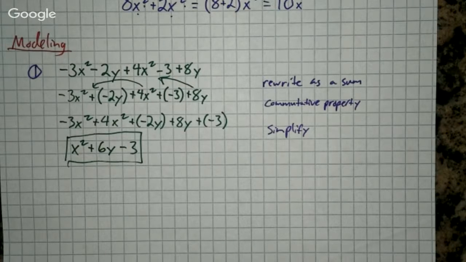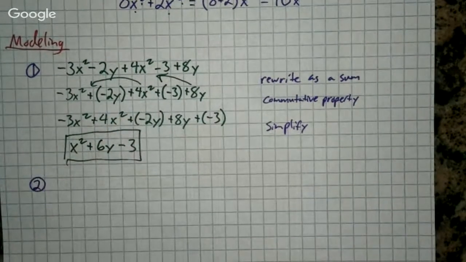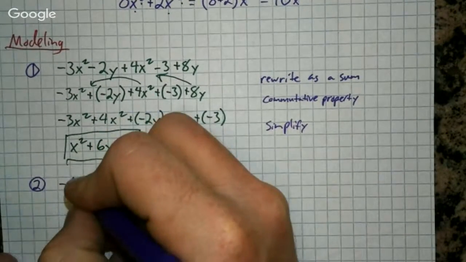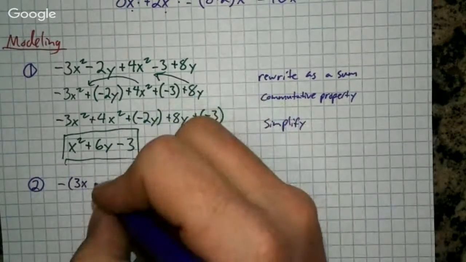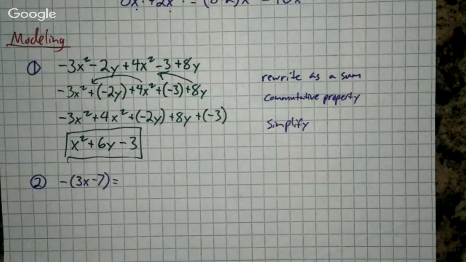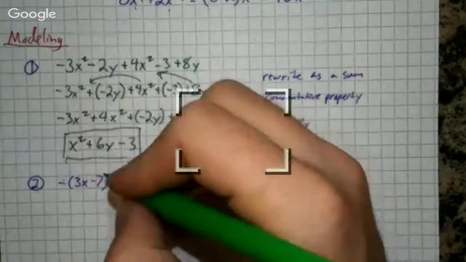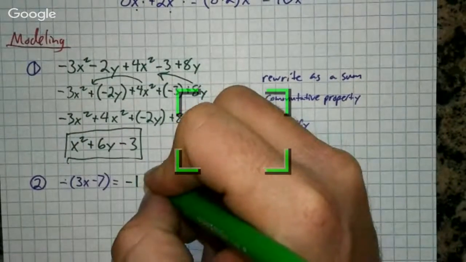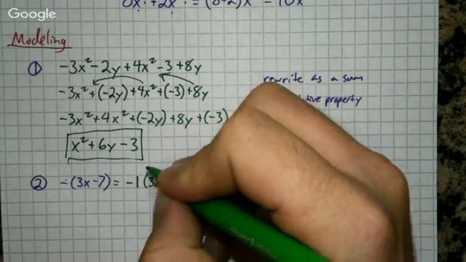All right, let's get one more done. And this one's just a simple one as well. Number 2, let's see if we can go back and remember this. Negative 3x minus 7 equals. That's it. And once again, just real quick, we're going to go ahead and change this negative to negative 1 and the quantity of 3x minus 7.